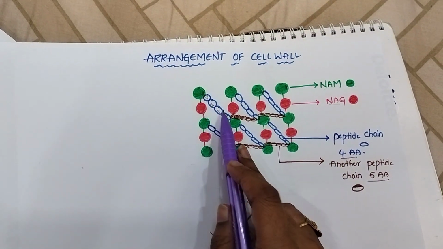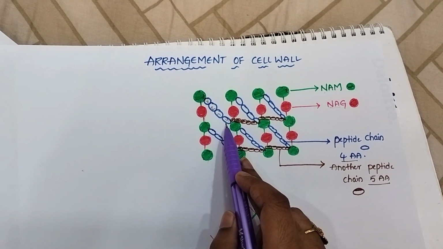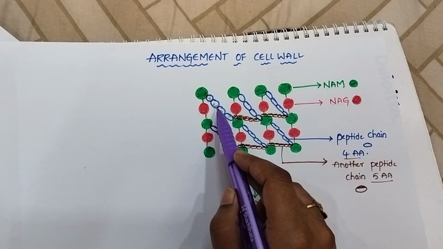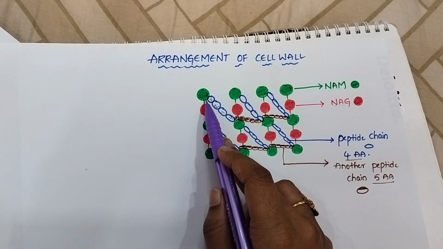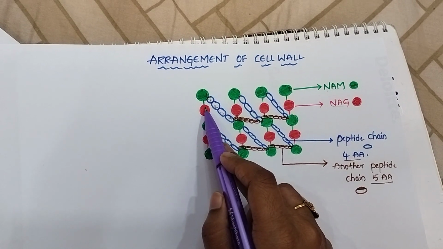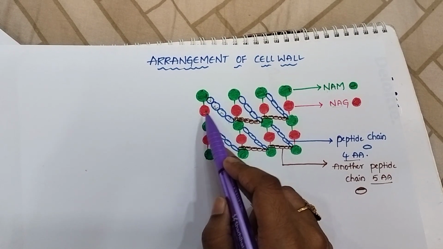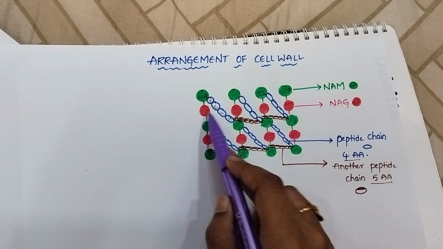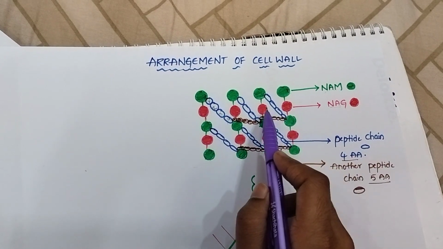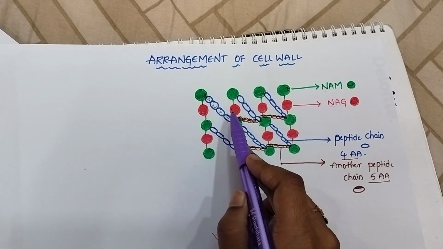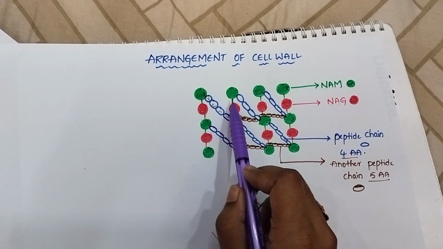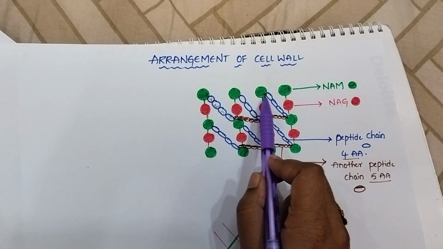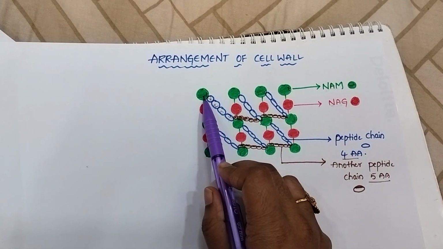So this small peptide chain contains four amino acids, and it is attached to the NAM. You can see there is no chain attached to the NAG. There are no amino acid chains or peptide chains attached to the NAG, only to the NAM.